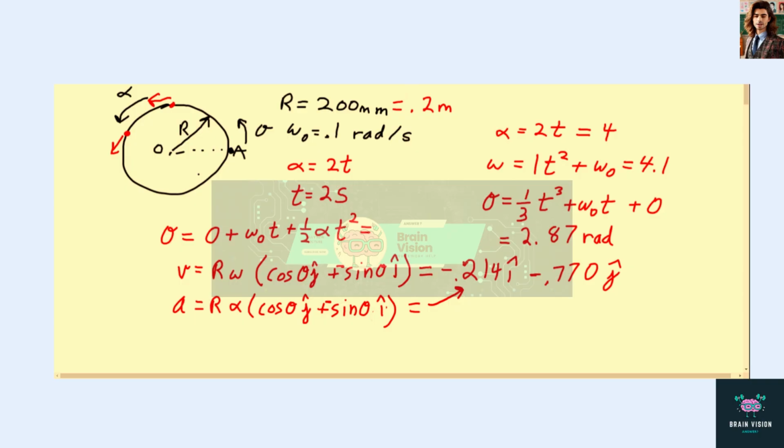This is the acceleration here that I just wrote. So this is in meters per second squared.